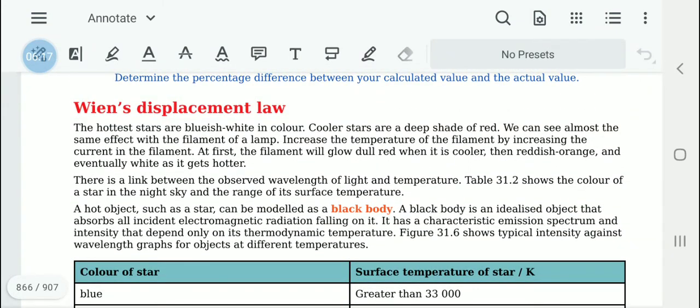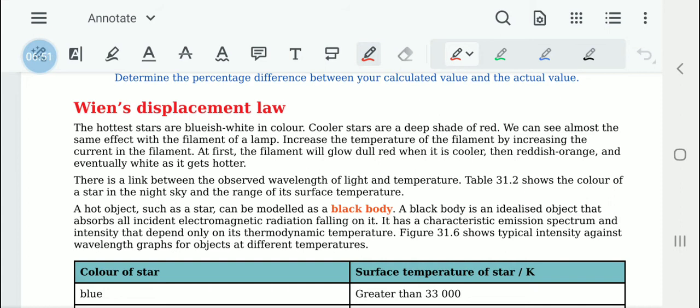Now we are going to move on to Wien's displacement law. You have seen that in a wood stove, when you start burning firewood, because the heat generated is low, the flame is going to be a dull red color.